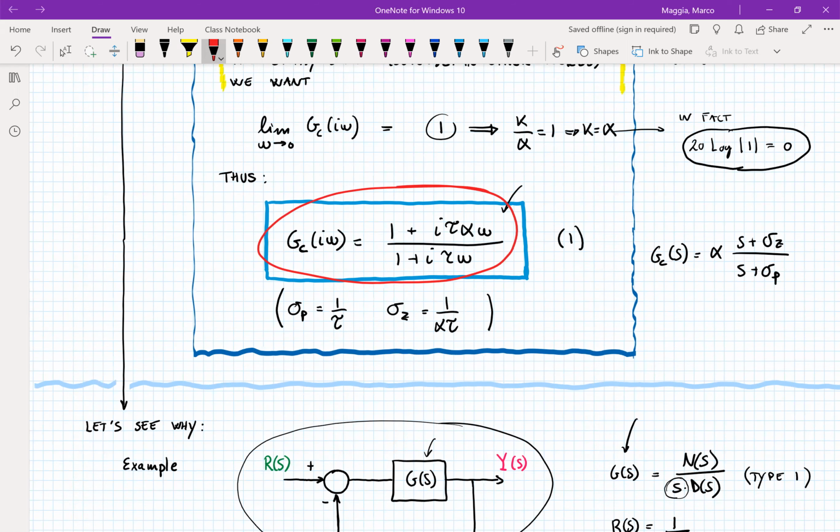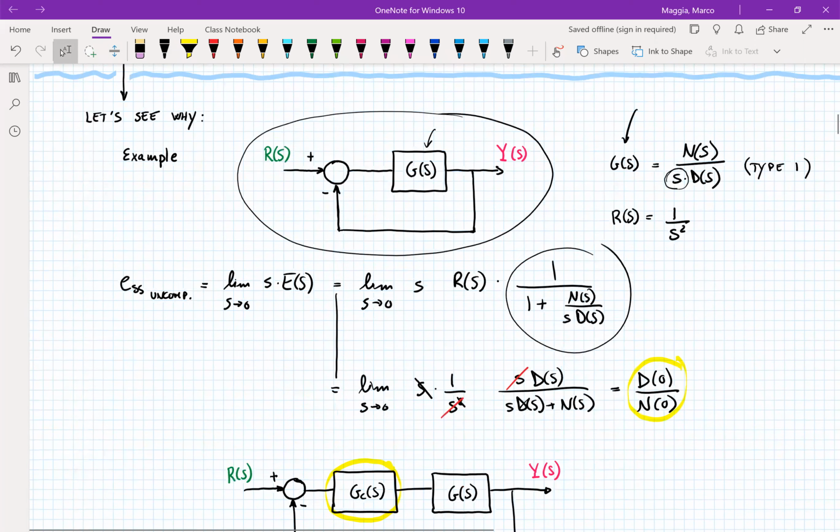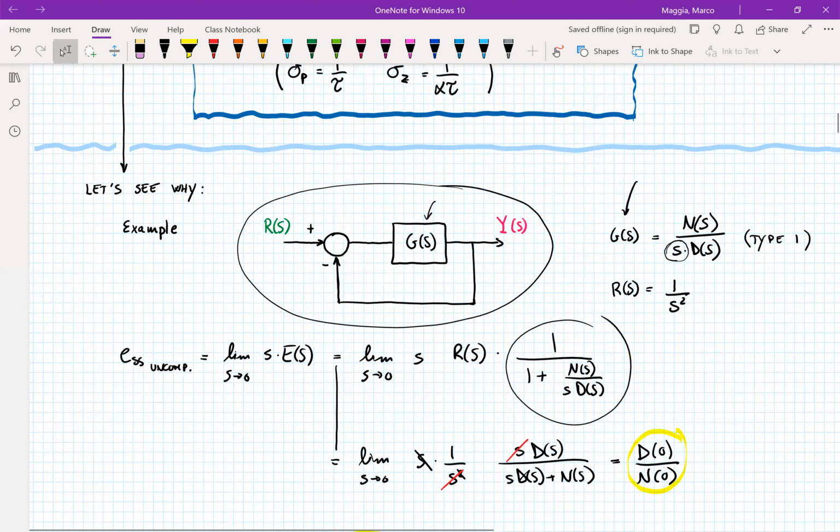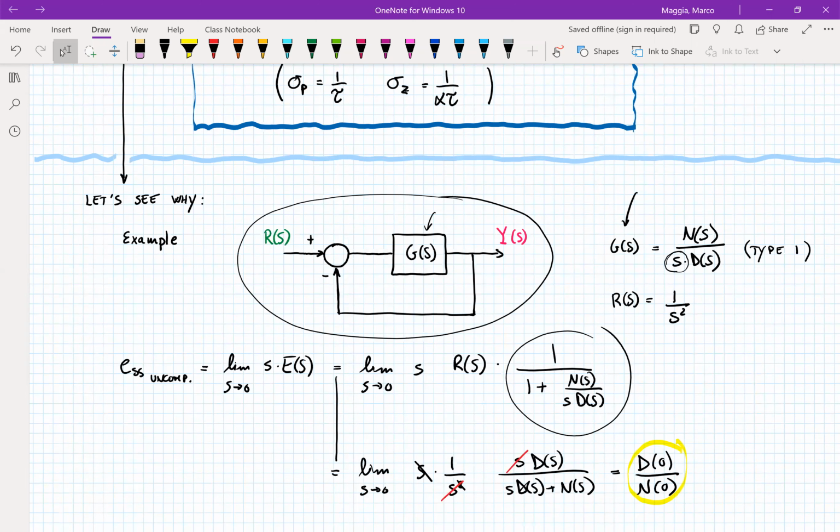So when we design a compensator in the frequency response domain, we don't want to modify the steady state error, which is something a little bit different from what we've seen when designing especially the lag compensator in the root locus context, because we were designing the lag compensator on purpose to decrease the steady state error.